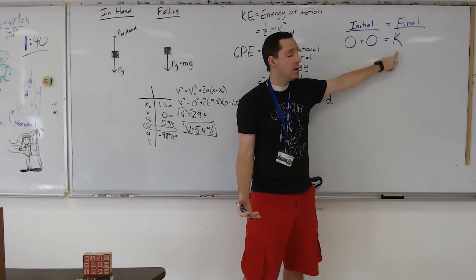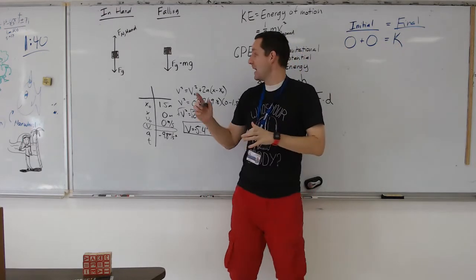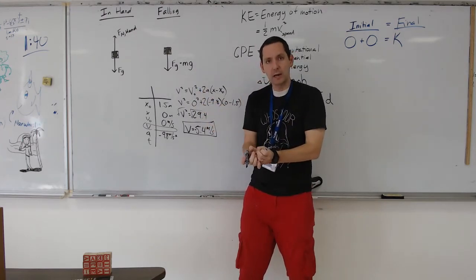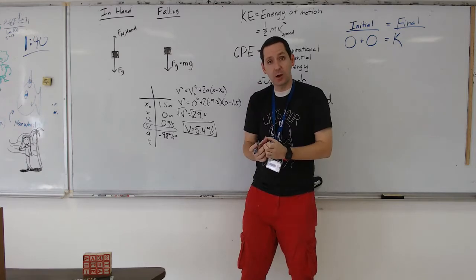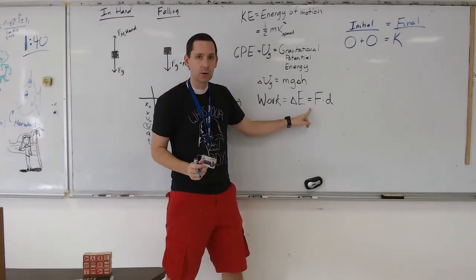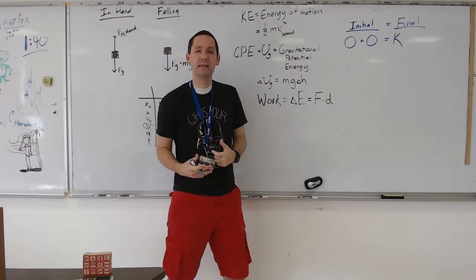Now, there was an outside force. Gravity was pulling down on him, exerting a force down on him. Therefore, gravity is going to do work. Gravity is going to cause him to gain energy.